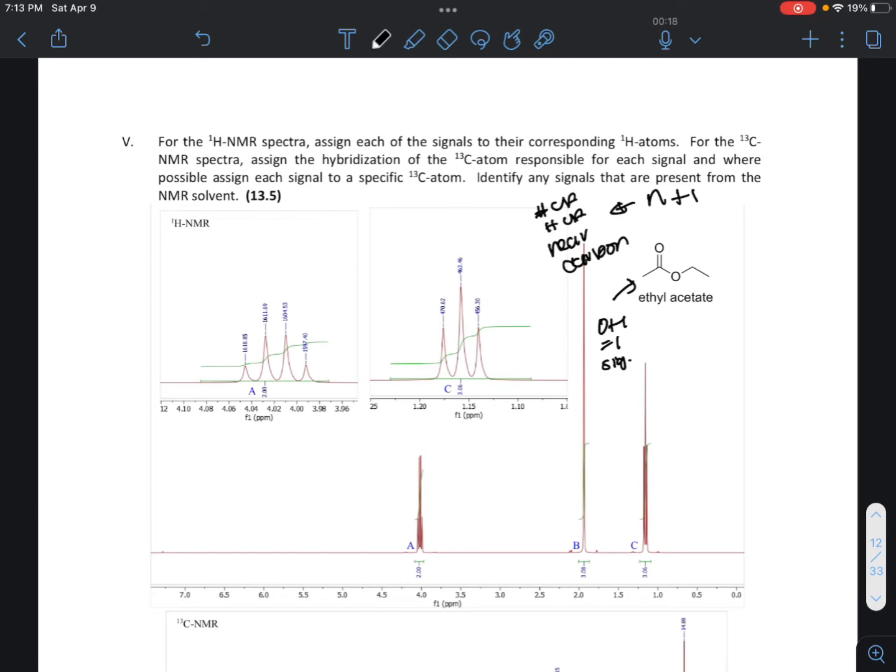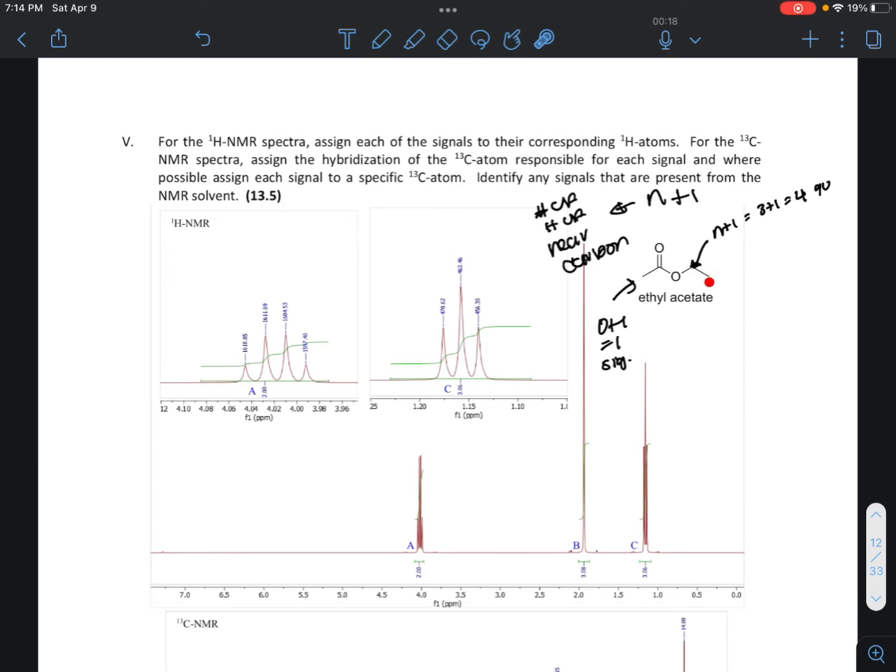So let's go ahead and look at this one. If you want to determine the splitting pattern of this, we're going to have to look at the neighbor, which is a CH3 group. Doing that N+1, which is 3 plus 1, which is 4. So we should have a quartet. And then let's go ahead and do this.